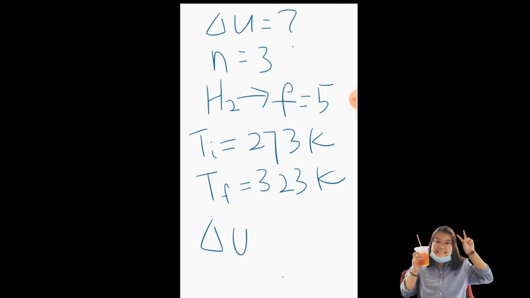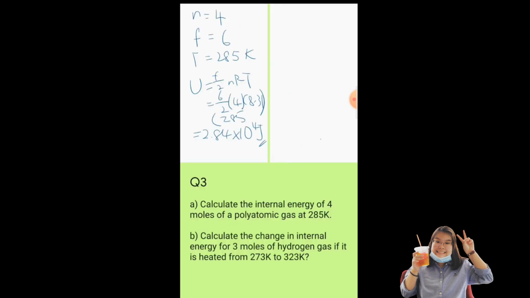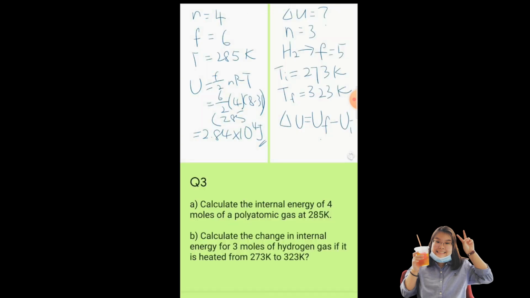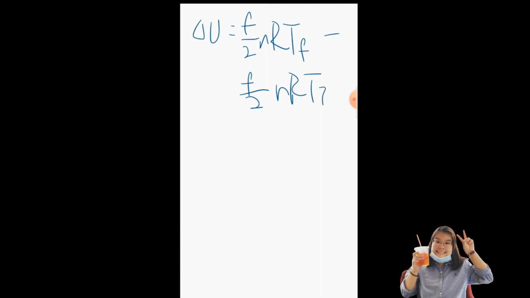Now we can make full use of our equation. Delta U is equal to our U final minus our U initial. So delta U is equal to F over 2 nR T final minus F over 2 nR T initial.